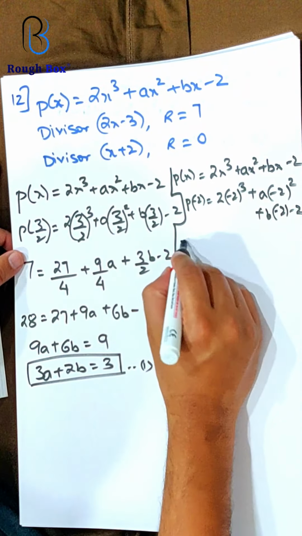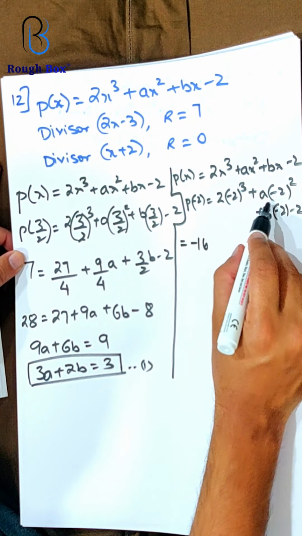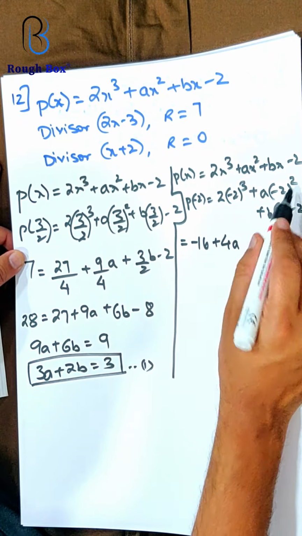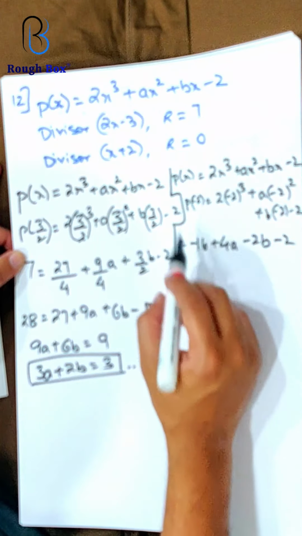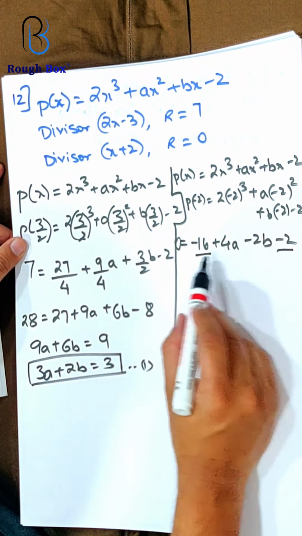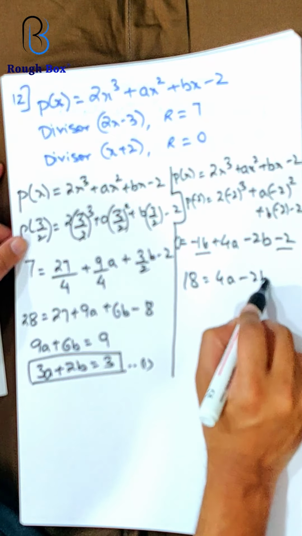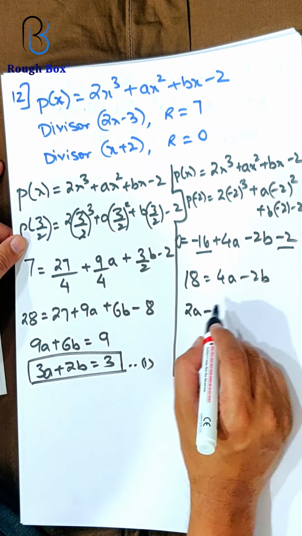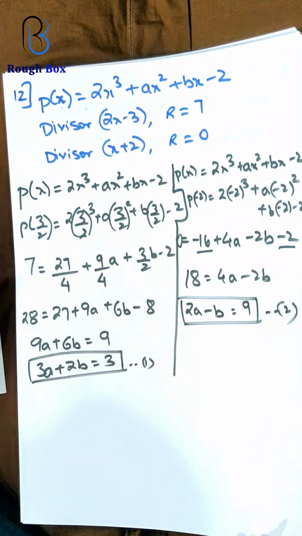Minus 2 cube is minus 8, into 2 is minus 16, plus 4a, minus 2b, minus 2. What is my remainder in this case? 0. So 16 and minus 2, minus 18, comes on the other side, so plus 18, 4a minus 2b, dividing by 2, so I get 2a minus b equals 9. So I got my second equation.